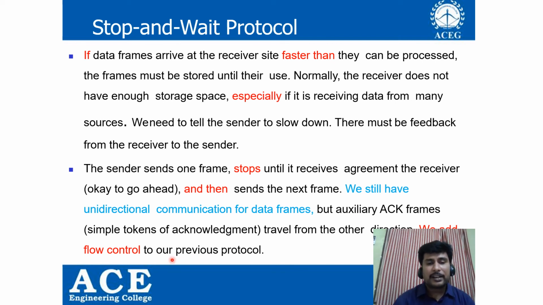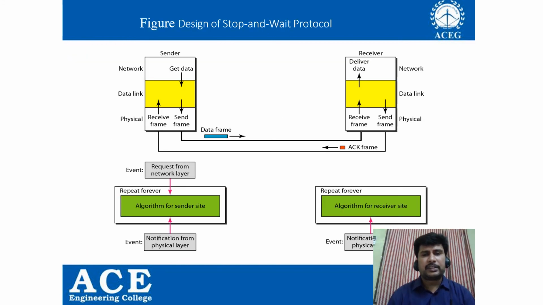So we add a flow control mechanism to the simplest protocol in the case of stop and wait. The simplest protocol has no flow control and no error control, whereas the stop and wait protocol doesn't have error control, but we have a flow control mechanism.